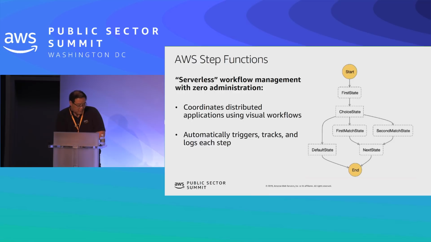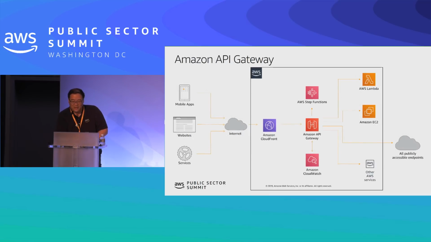Whoa, too fast. So one of the notional ways that API Gateway can play well with Lambda and other services in the AWS architecture is to use API Gateway, for example, to front requests coming in from the general internet. There's some other boxes on there that we haven't really talked about yet, but for example, CloudFront, our scalable content distribution network solution.